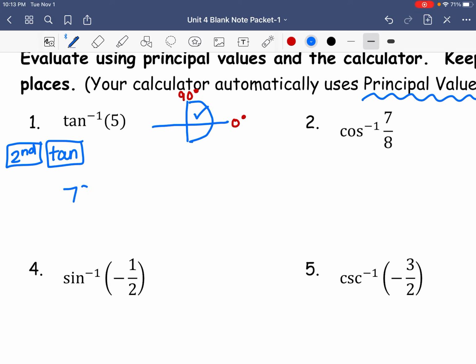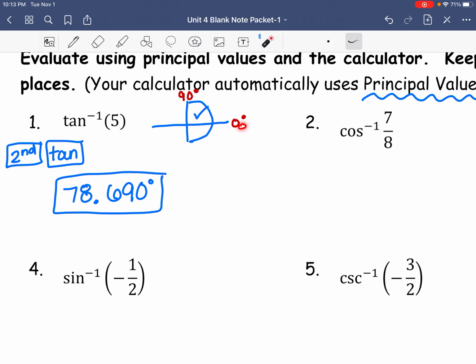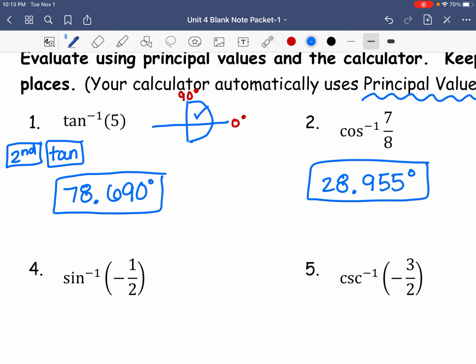And now just put in the number 5, and it should give you the angle of 78.690 degrees, which is in between 0 and 90. Okay, let's try number 2. Hit second cosine 7/8. I'm getting 28.955 degrees.